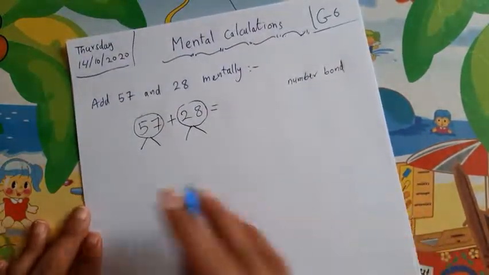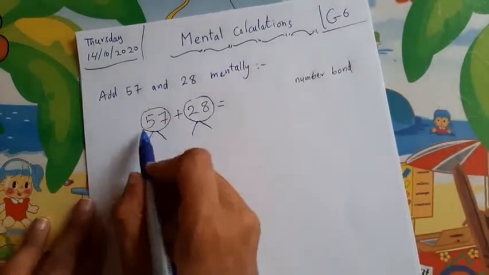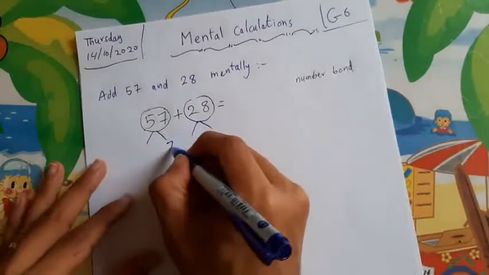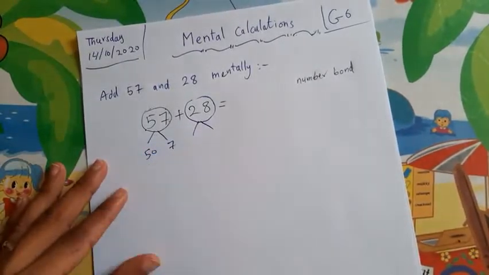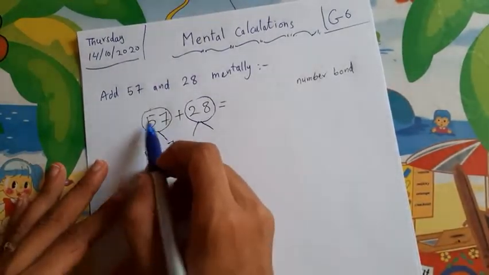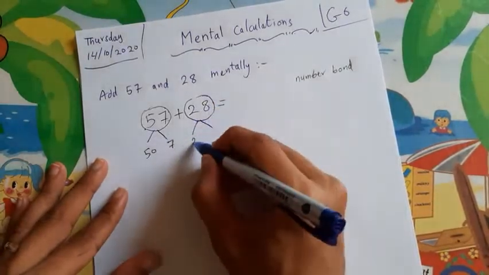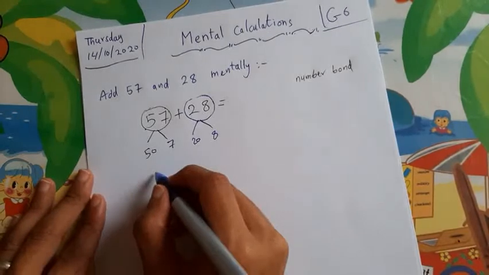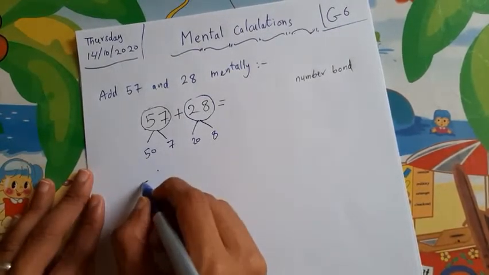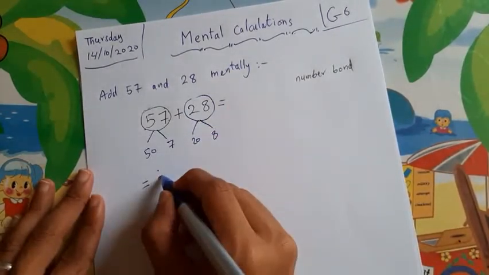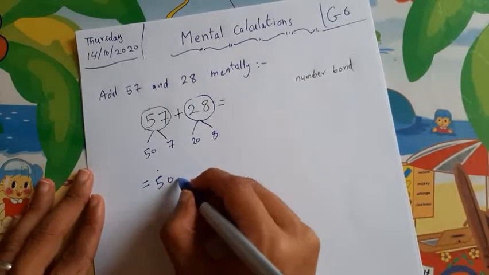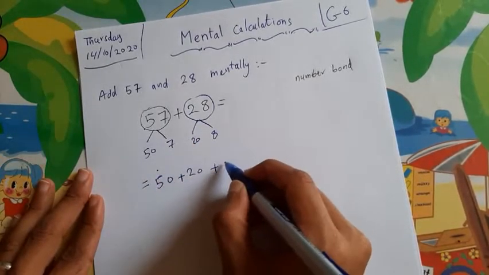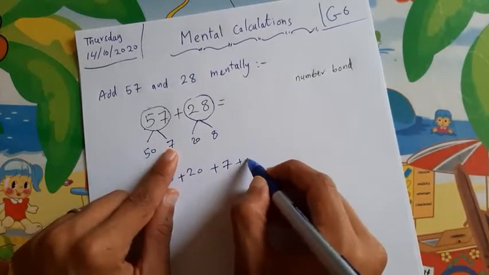For example, I'm going to split this 57 into its tens and ones. How many ones? 7. How many tens? 50. All right, 50 plus 7 is 57. What about 28? 20 plus 8, right? So I'm going to say this equals 50 plus 20 plus 7 plus 8.